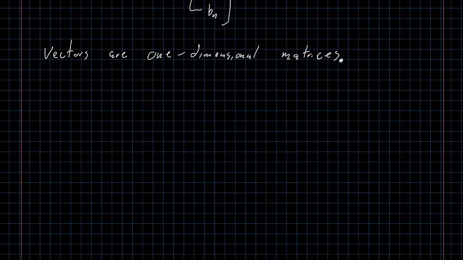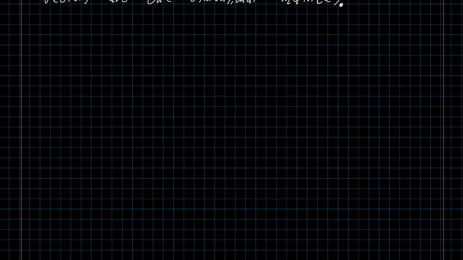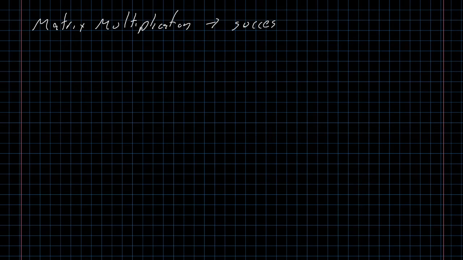Sure, we can set up the augmented matrix as a tool for working with a system of equations, but we can be more powerful in our use of vectors by defining matrix multiplication as successive dot products.